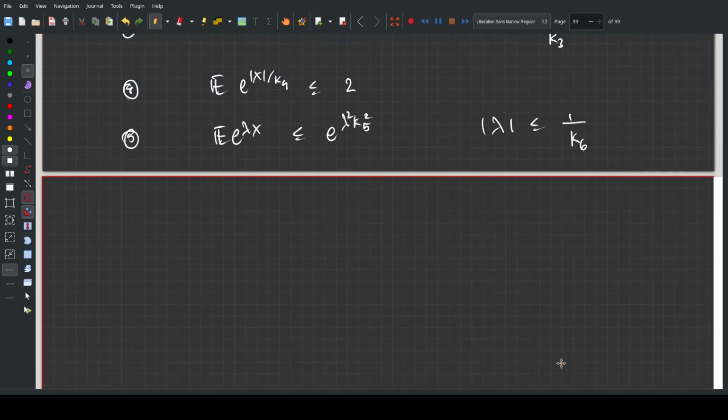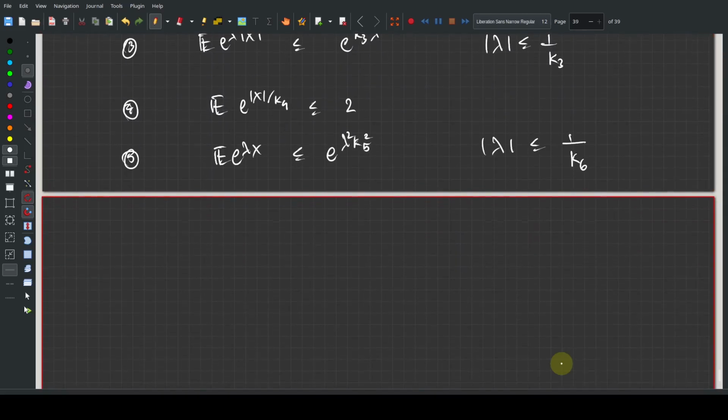So now let's suppose that X is a sub-Gaussian distribution. What can I say about X squared? Suppose that X is sub-Gaussian.